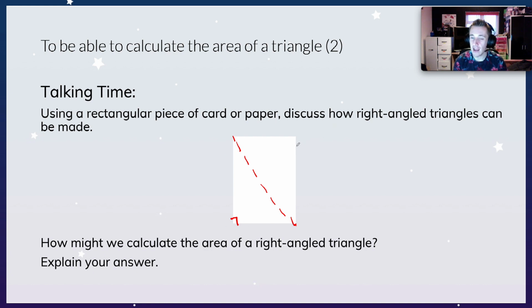So in any rectangle, we have got 2 right angle triangles stuck together. We've got one here, A, one here, B. Okay. So half of any rectangle is a right angle triangle.